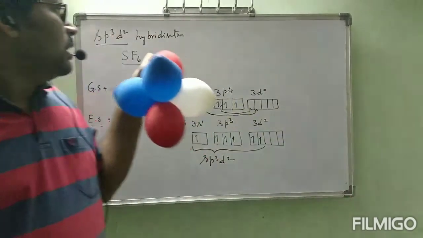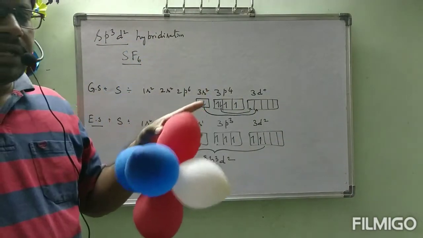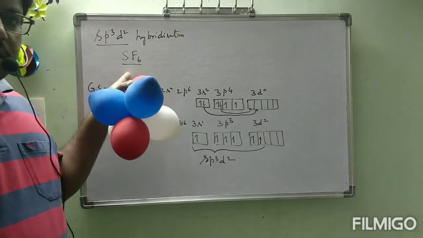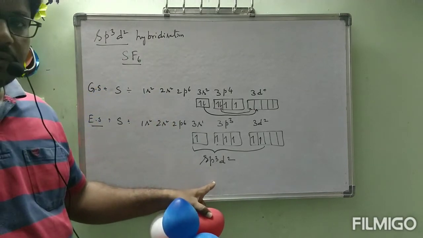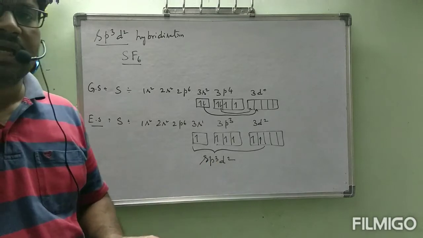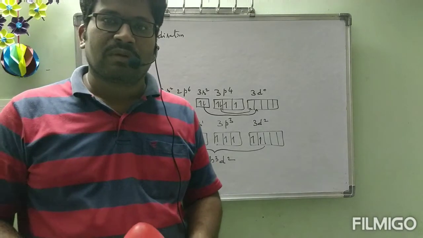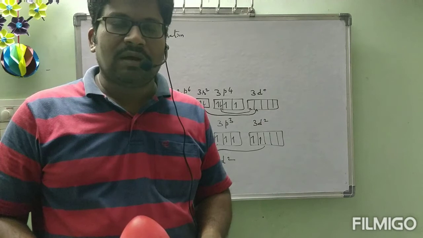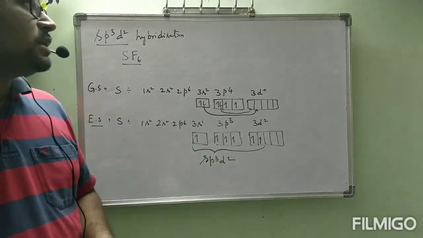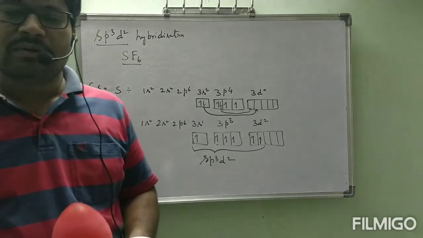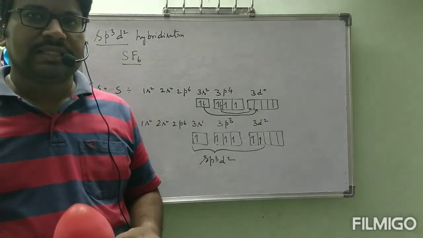Under sp3d2 hybridization, we have taken the example SF6. In SF6, sulfur will undergo sp3d2 hybridization to give 6 hybrid orbitals. How many orbitals are involved in hybridization? 1 s orbital, 3 p orbitals and 2 d orbitals will undergo hybridization to form totally 6 hybrid orbitals.